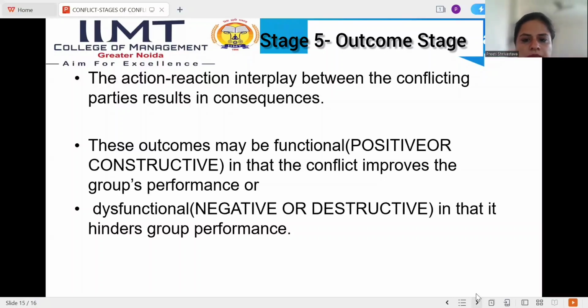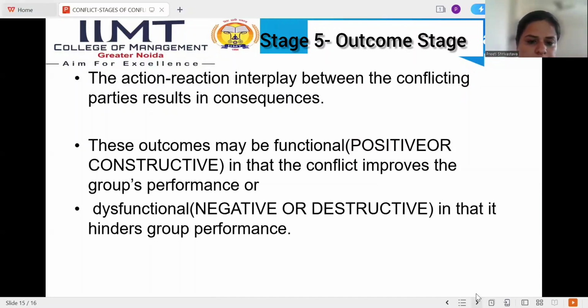These outcomes may be functional, positive, or constructive, in that the conflict improves the group performance. This type of conflict is a positive conflict. It is a constructive conflict because due to the conflict, the group is trying to improve their performance.